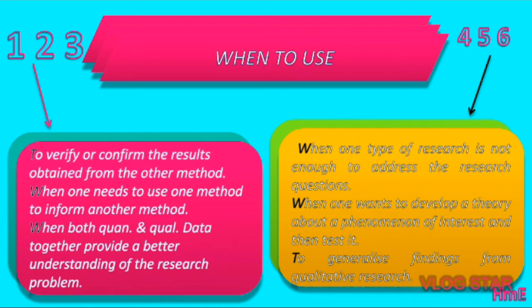Next, when one wants to develop a theory about a phenomenon of interest and then test it, he can use the quantitative and qualitative method to verify, confirm and test the various variables and data of his research problem.